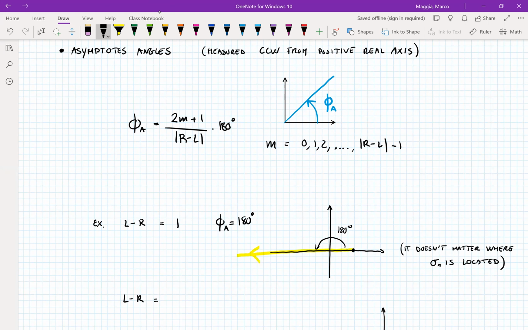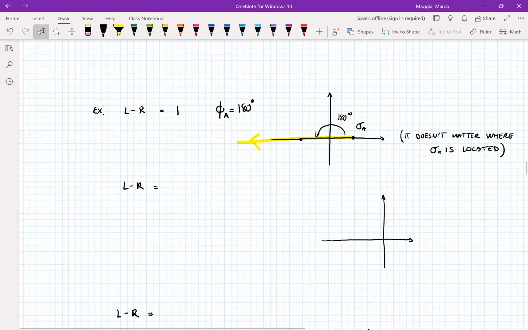We might have our asymptote centroid here, but it doesn't really matter where it's located, because even if it was located here, the asymptote is still the negative real axis. It still goes to minus infinity. So when you have one more pole than zeros, you'll always have a branch going to minus infinity.